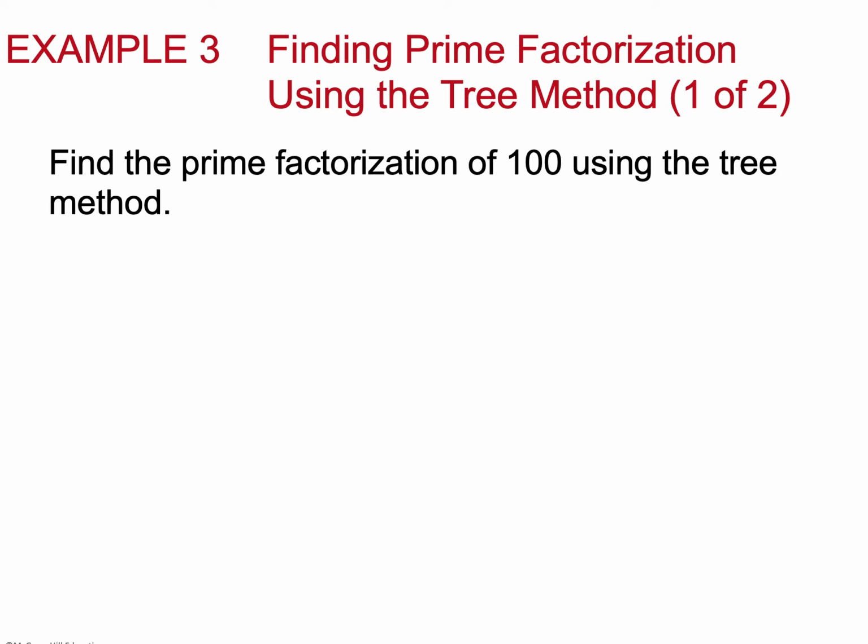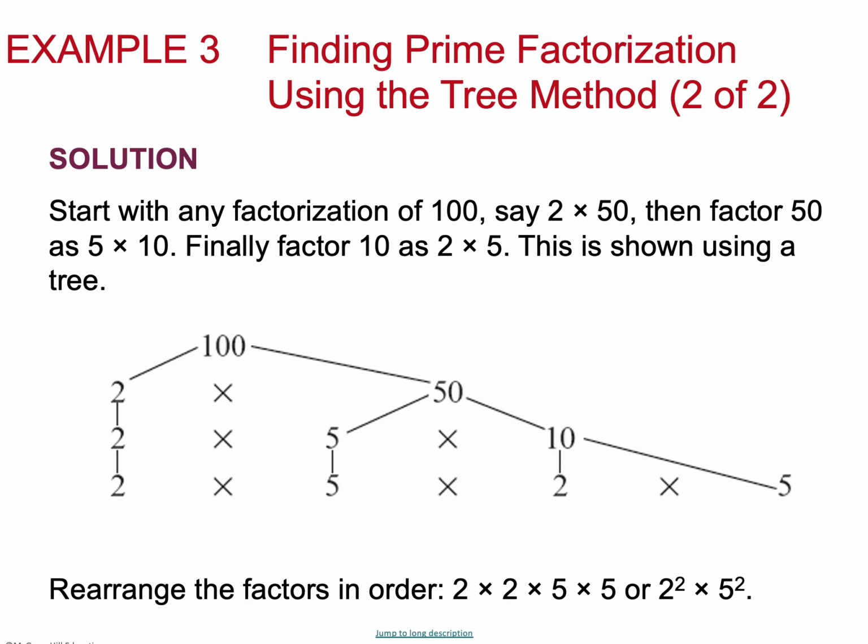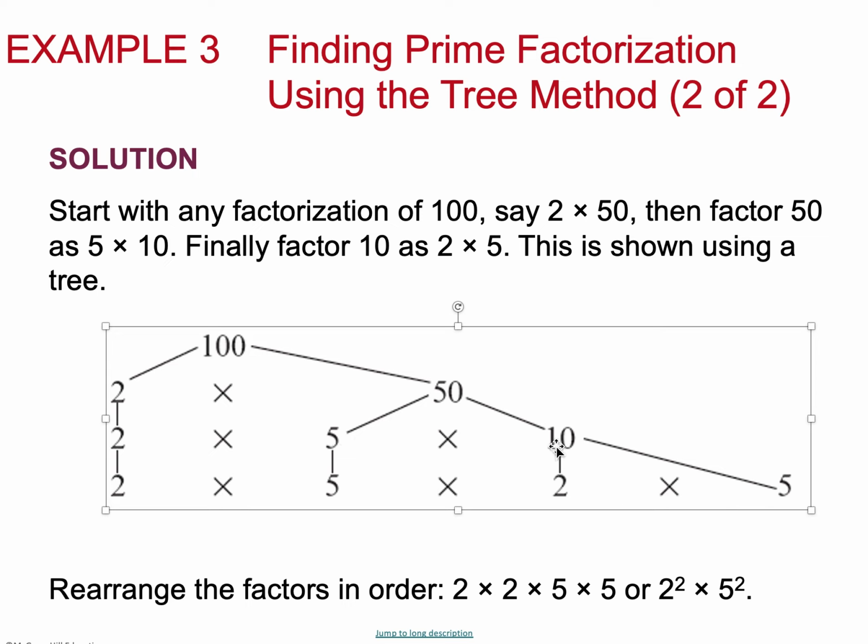So if I look at this example, find the prime factorization of 100. Now, when they say the tree method, that is just good old dig into it and figure out the factors. So if I look at the halfway point, 2 times 50, 2 is a prime factor. 2 cannot be broken down any further, but 50 can. 50 can be written as 5 times 10, and then 5 cannot be broken down any further, so it's 5, but 10 is the same as 2 times 5.